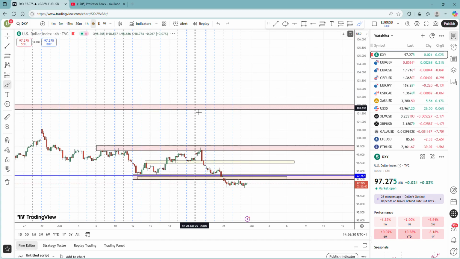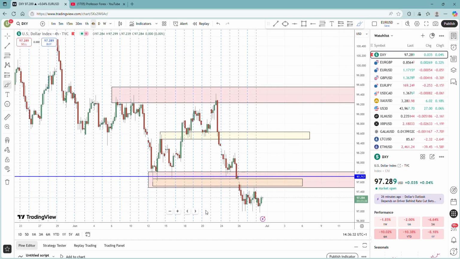If you then go to the H4 time frame, repeat the process once again. You want to mark your support and resistance levels. You can see here, this is the most recent.